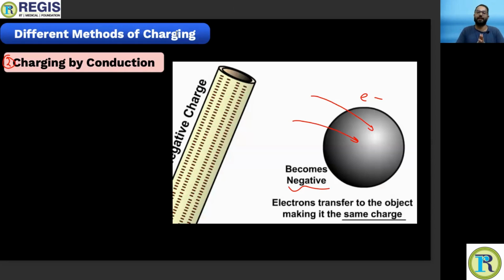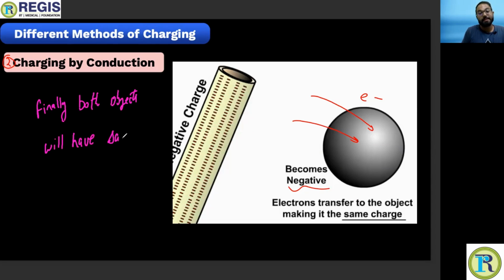But the condition is that finally both objects will have the same charge.